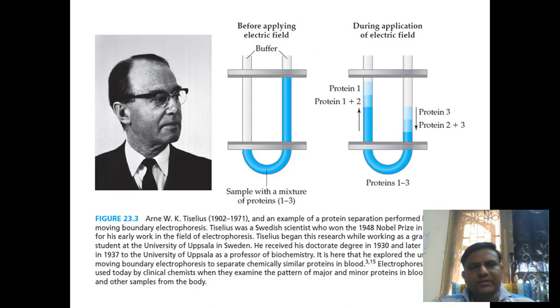Dear students, before going to discuss the history and discovery of electrophoresis, first of all I would like to explain what electrophoresis is. When we break the word into two short words, electro means related to the electric field, and phoresis is nothing but migration.